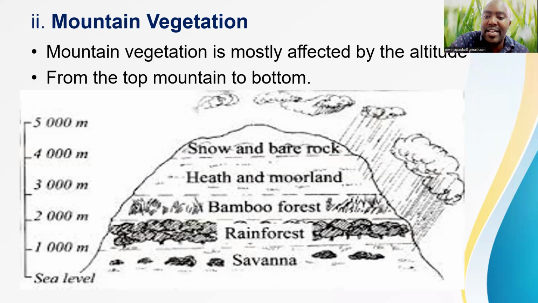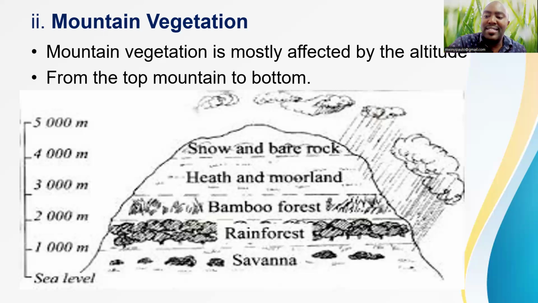On your screen, I'm displaying a diagram showing the mountain vegetation from the top of the mountain to the bottom. If you look keenly, you can see that the mountain vegetation layers are changing based on the altitude, that's the height above sea level.